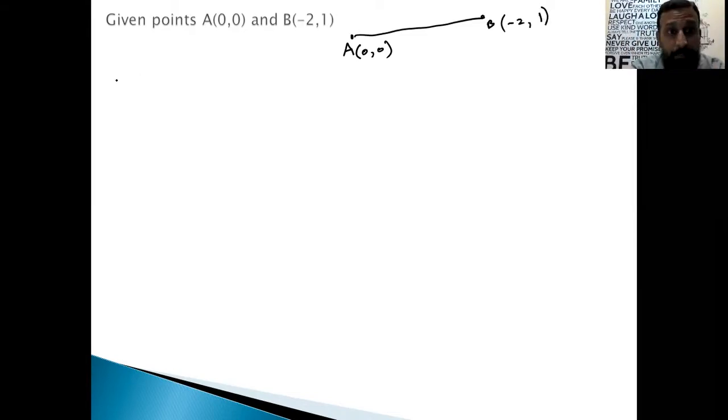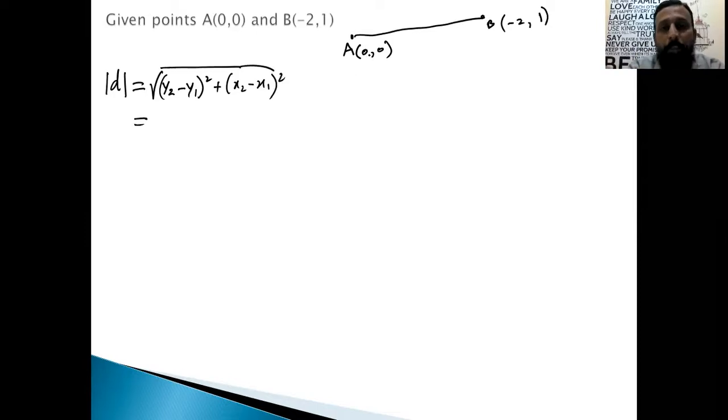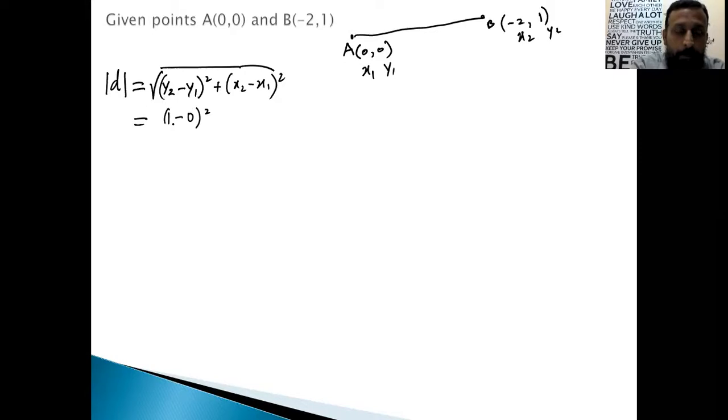Now we can find the length of the line segment D. That is the formula we have learned, the root of y2 minus y1 the whole square plus x2 minus x1 the whole square. Dear students, we can plug in these values. We can consider this as x1, y1 and this as x2, y2. Now y2 minus y1 is 1 minus 0 the whole square plus negative 2 minus 0 the whole square, and it has the whole root on it.